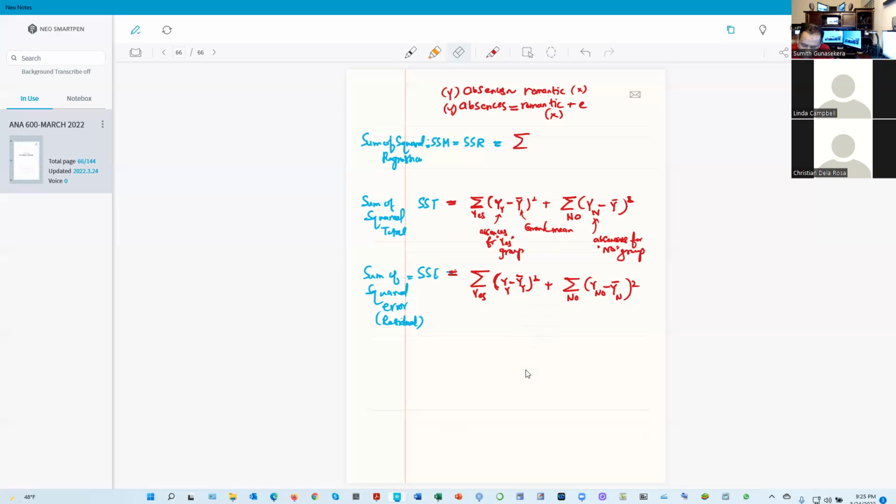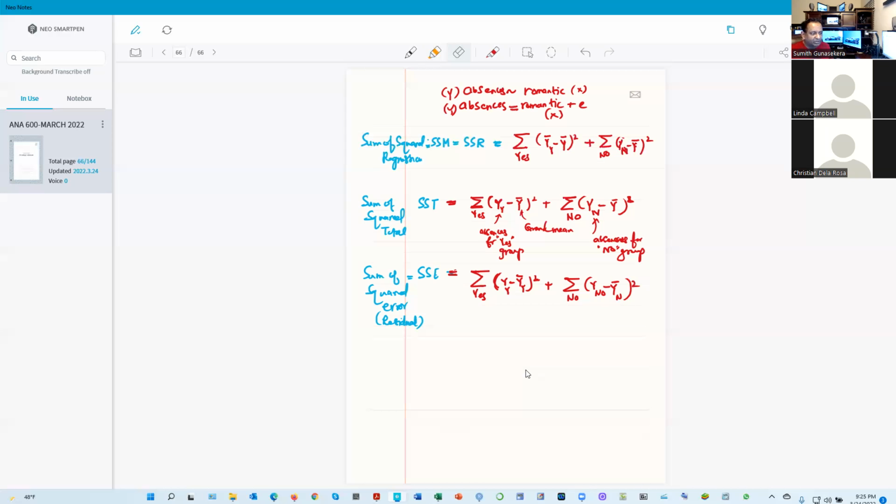Again, yes group: you go to Y bar of the yes group minus Y bar grand mean. That's for the yes group. That's for no people: Y bar no minus Y grand mean, squared. Like that.